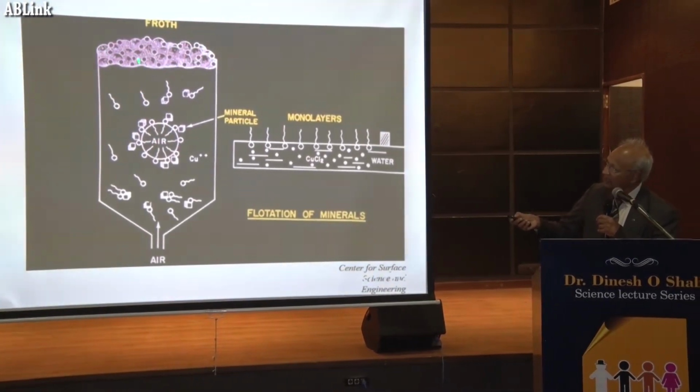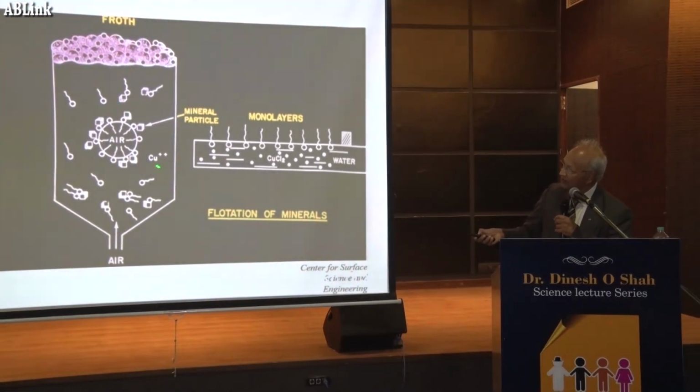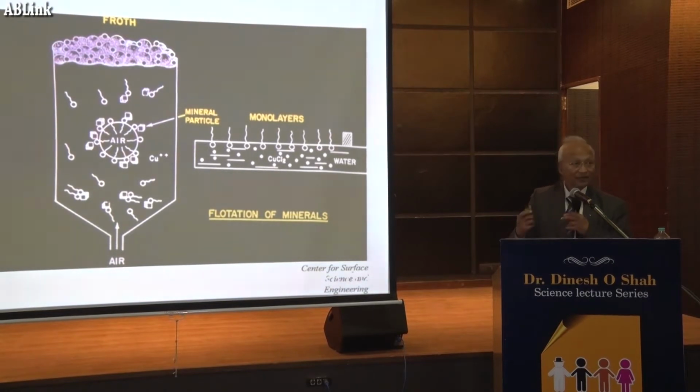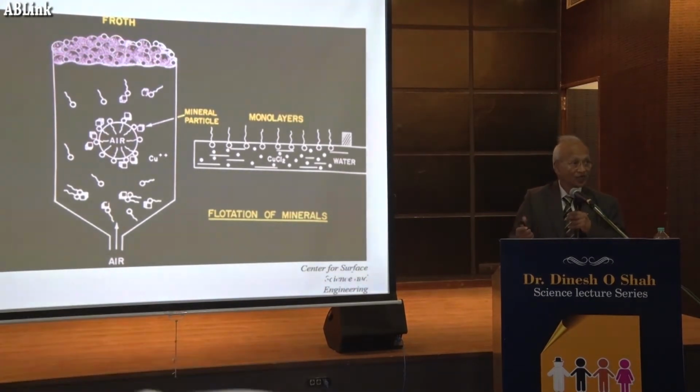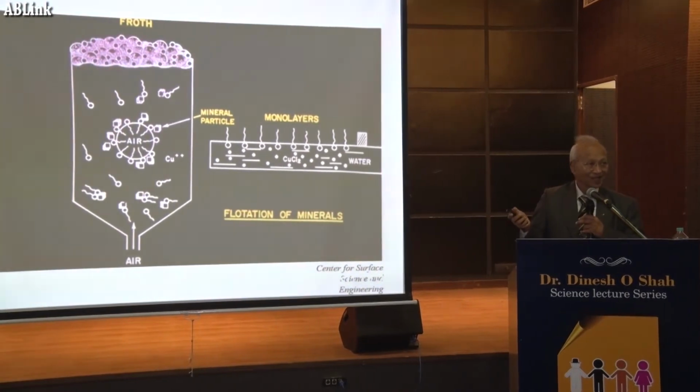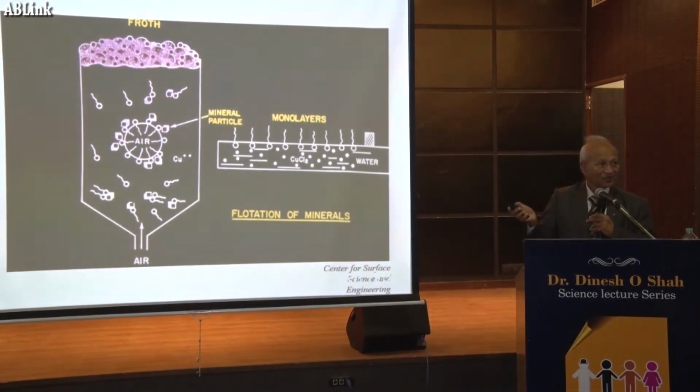So when that bubble comes here, it brings all of these mineral particles with it. And then you remove this foam, it will be rich in that mineral you want to isolate. And this is like 10 to the 9 tons. So several million tons, thousands of millions of tons of ore is processed each year using this technique.